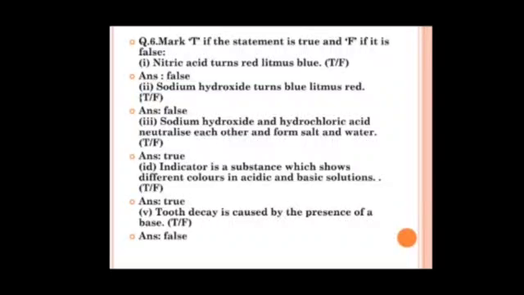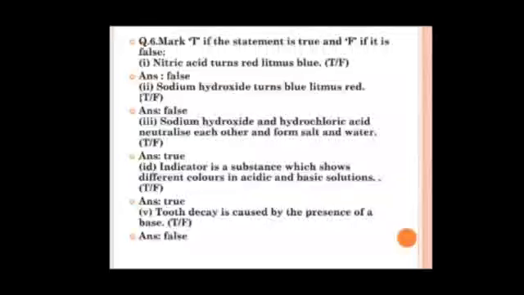If you are saying true, you should know why it is true. If you are saying false, you should know why it is false. So, nitric acid turns red litmus blue. And you know the property of acid and base: acids turn blue litmus to red.